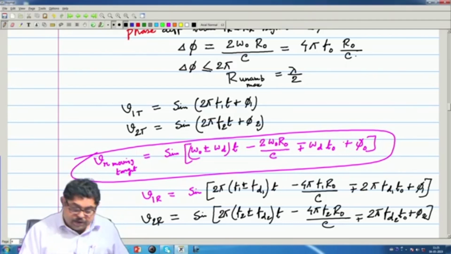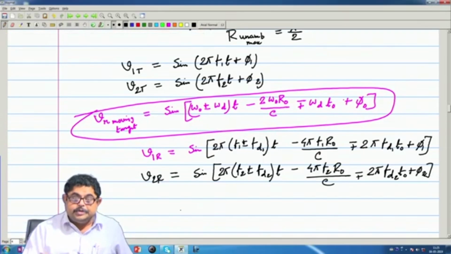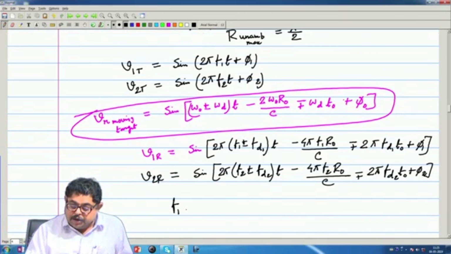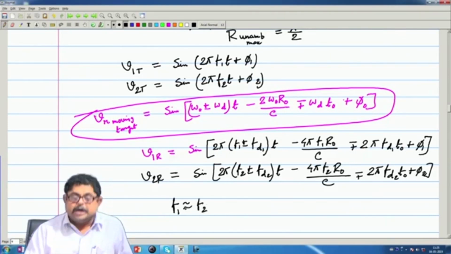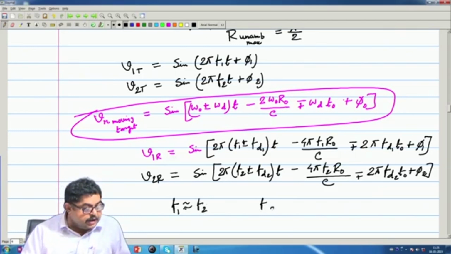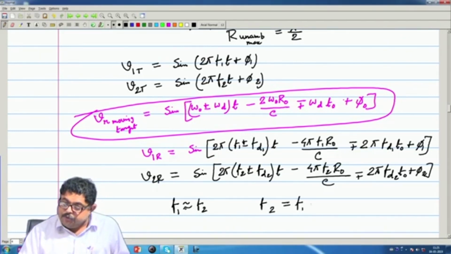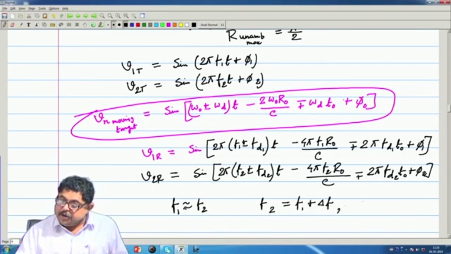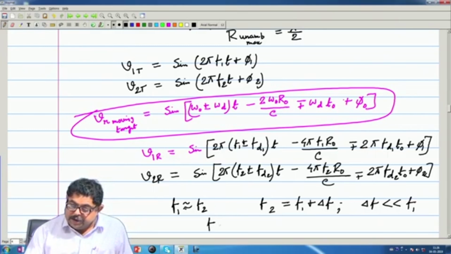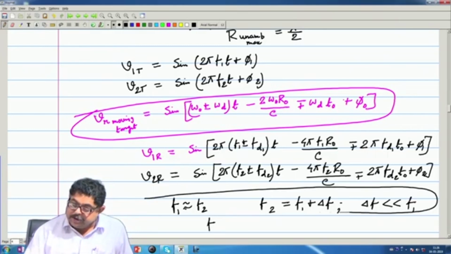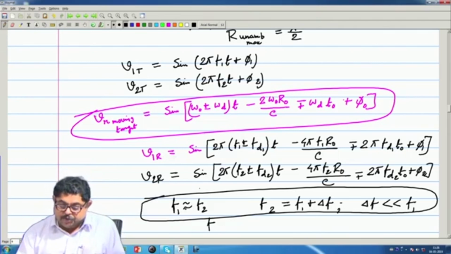Now, we are saying that the transmitter is sending F1 and F2, which are close by, F1 almost equal to F2 but definitely different. Let us assume that F2 is F1 + ΔF, where ΔF is much smaller than F1. This is a very important thing, two nearby frequencies.